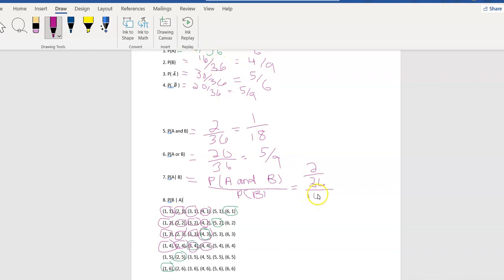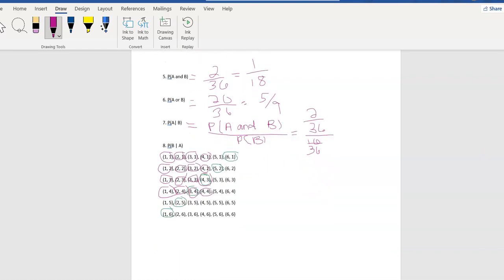Now, why did I go back to the non-reduced fractions? Well, the reason for that, 2 over 36 divided by 16 over 36. I'm just going to go down here for a second. 2 over 36 divided by 16 over 36. Remember, your rule for doing division of fractions is to flip the second fraction and then multiply.